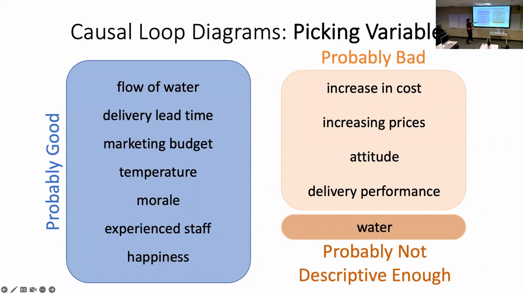Experienced staff, I would like to point that one out because it's slicing staff in a way that is very useful. So we could just say the number of staff, but somehow that's probably not going to be the salient feature of the system that's going to drive the dynamics. We probably need to know how much experienced staff we need versus new staff or something like that.